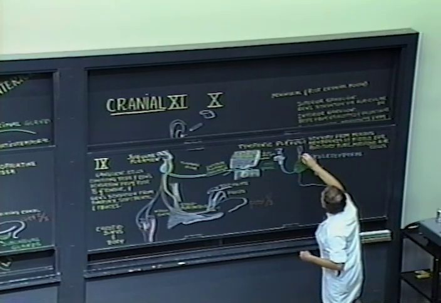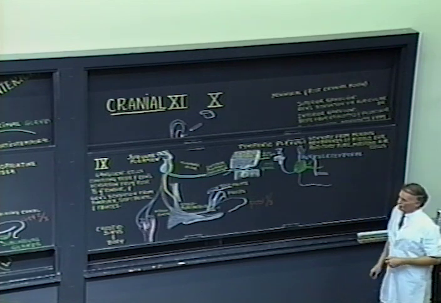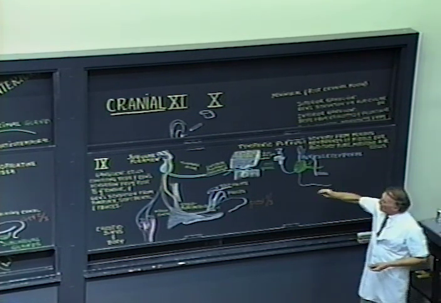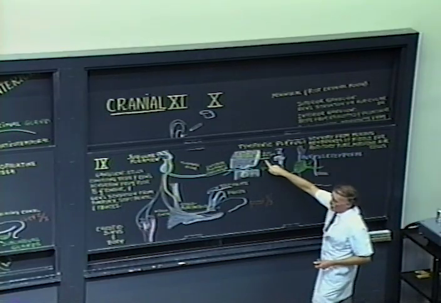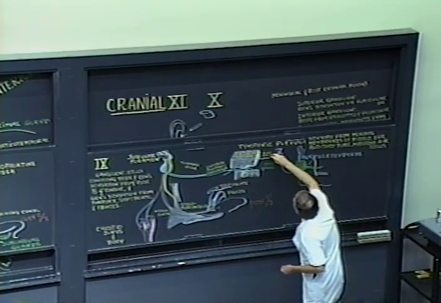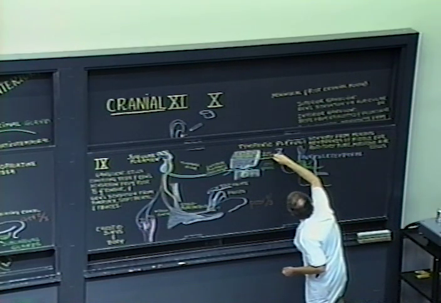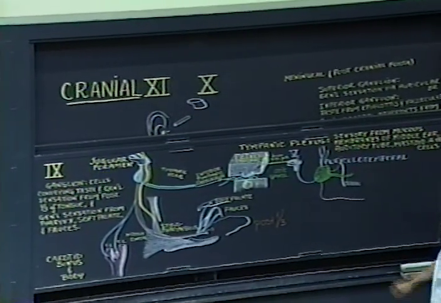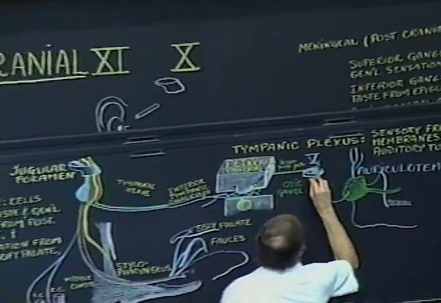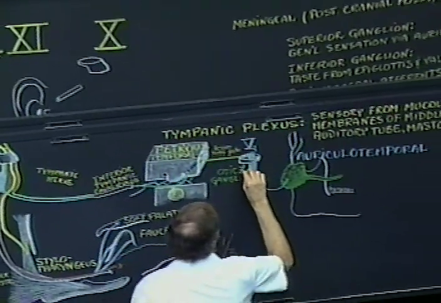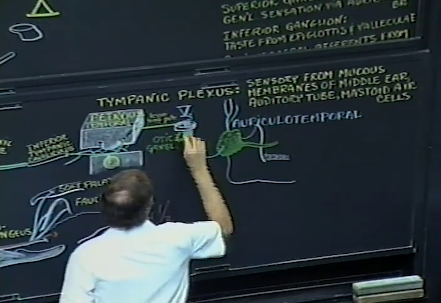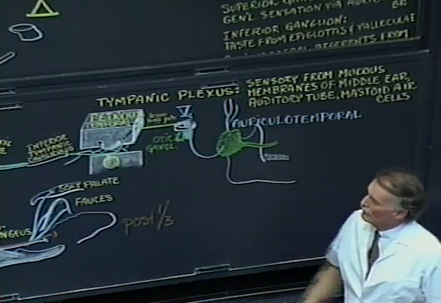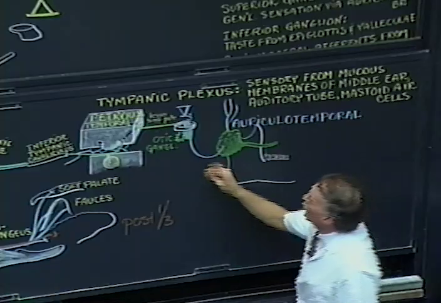And it happens to pass through the parotid. This continuation of Jacobson's nerve then passes either through its own little canal or through the foramen ovale itself, and finds the third of these ganglia, the otic ganglion.